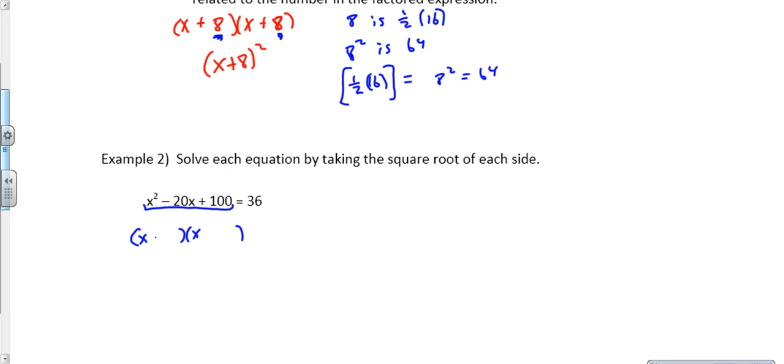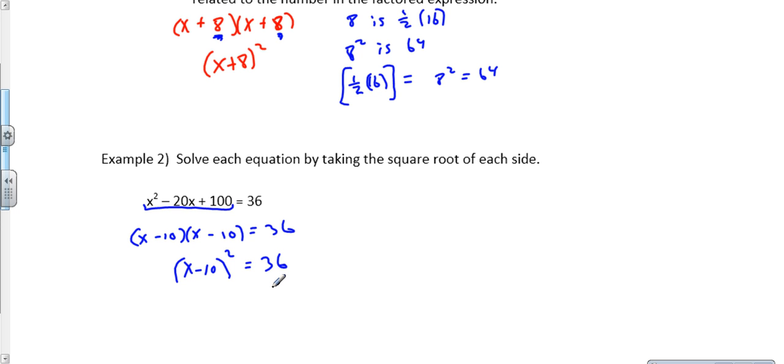That would be negative 10 and negative 10. Negative 10 times negative 10 is positive 100, and negative 10 and negative 10 give you negative 20. Now, how does that help us? Well, x minus 10 times x minus 10 can be rewritten as x minus 10 squared equals 36.